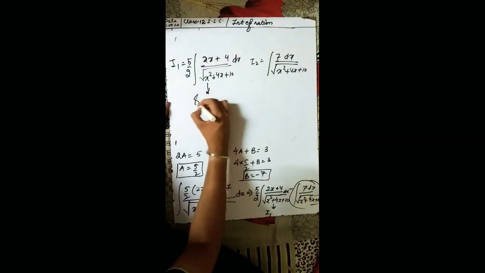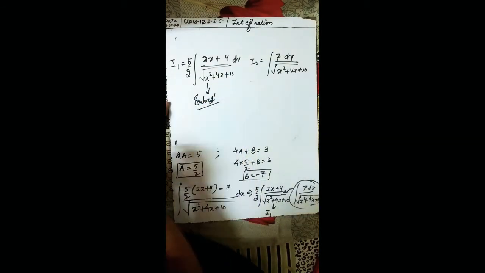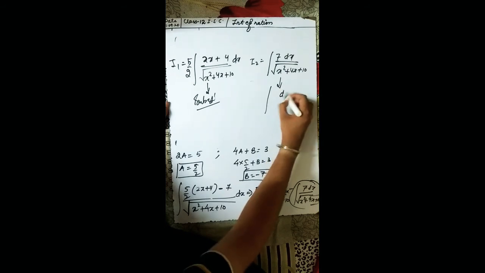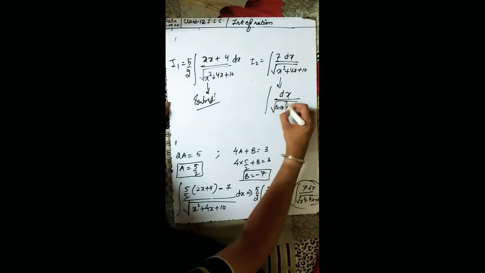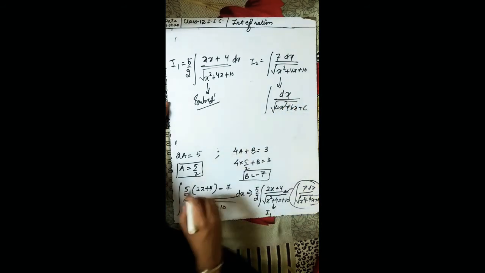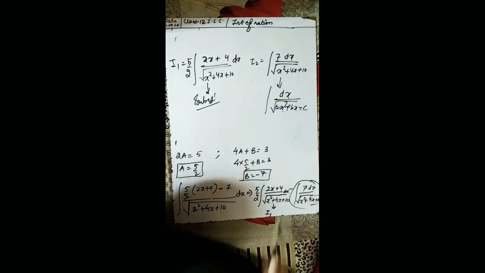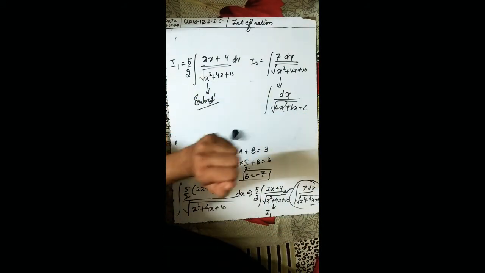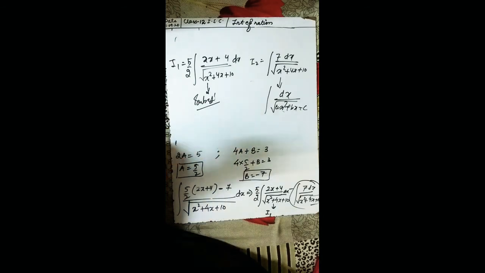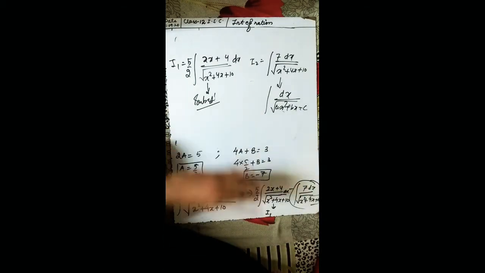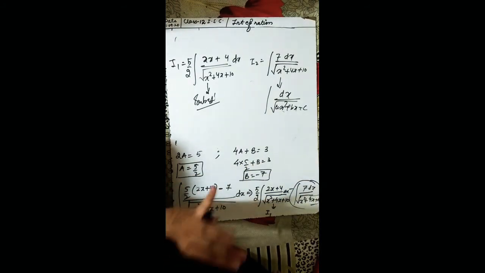Here you do it by the substitution method, and here it is already of the form under root of ax square plus bx plus c, so using the completing the square method you can solve that question. Like this you have to do all the four forms, which I guess are very easy for you to solve.